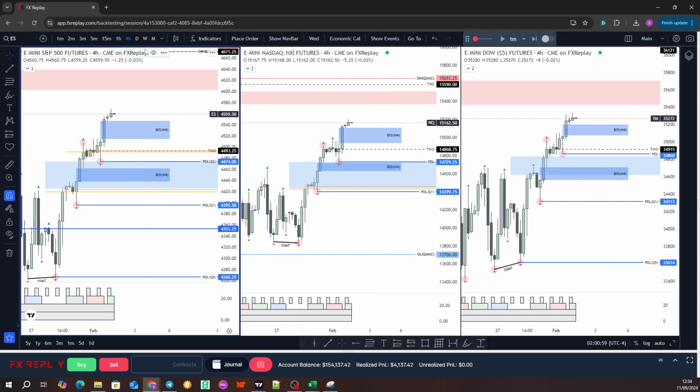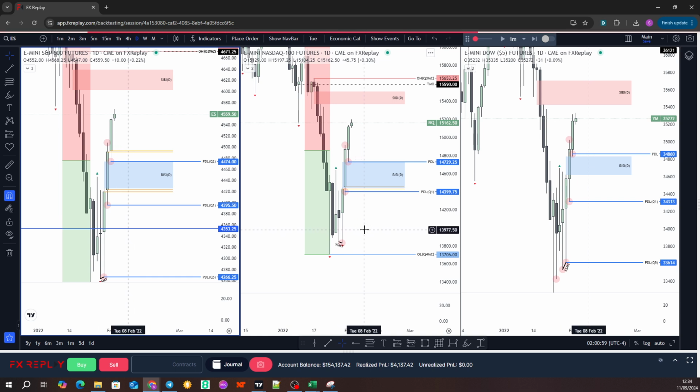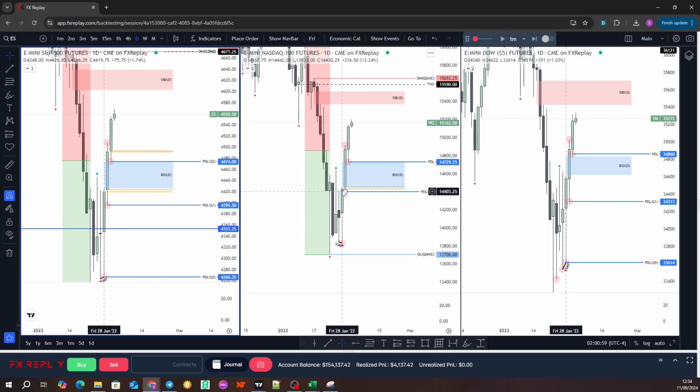External range liquidity. Let's just go back to the daily. External range liquidity at the lows traded to internal range here and here, which is clearly pointing to a run towards liquidity above the marketplace.